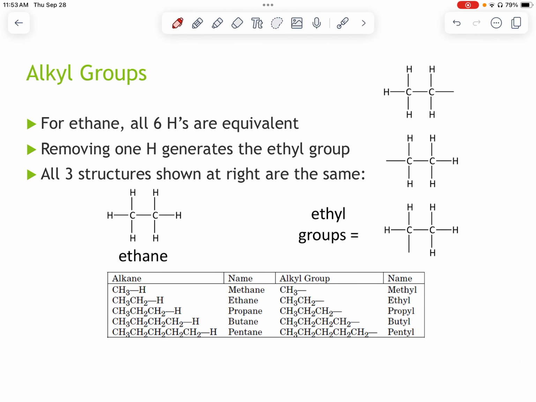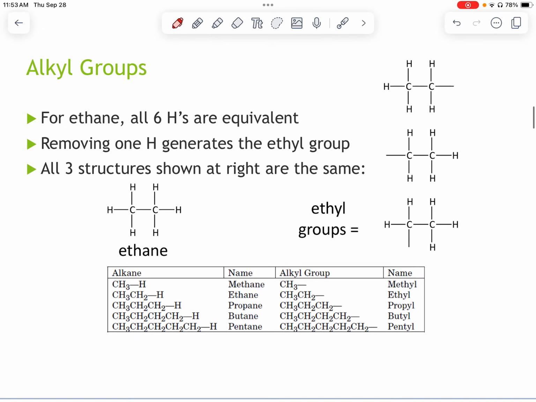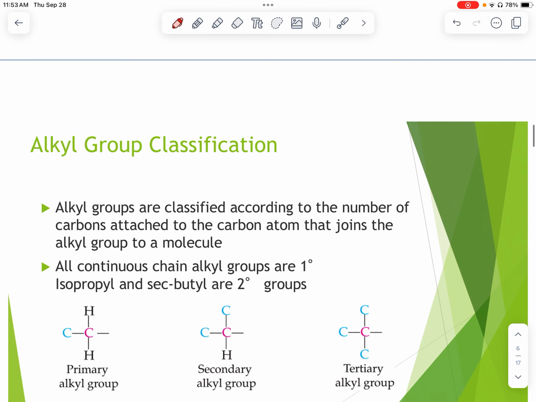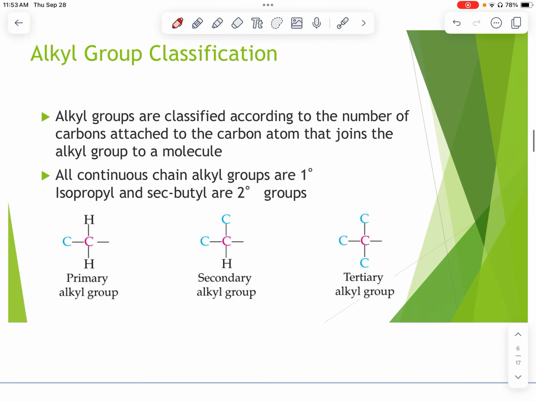For ethane, all six hydrogens are equivalent, so pretty much any of those hydrogens can be removed. Removing one hydrogen is going to generate the ethyl group. It doesn't matter which one you remove. And I'm only mentioning this because it goes into an older system of nomenclature that uses primary, secondary, and tertiary.